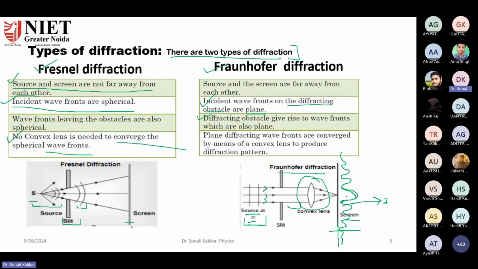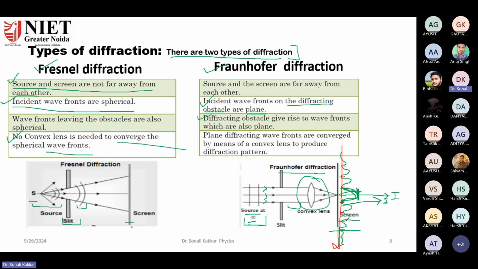So I'll explain this graph a little bit. This axis is the intensity of light. As intensity is maximum over here, we are saying that this is the central bright fringe. Here intensity is minimum at these points, which I have denoted with red color. If this is the axis, these points are points of dark fringes or minima.